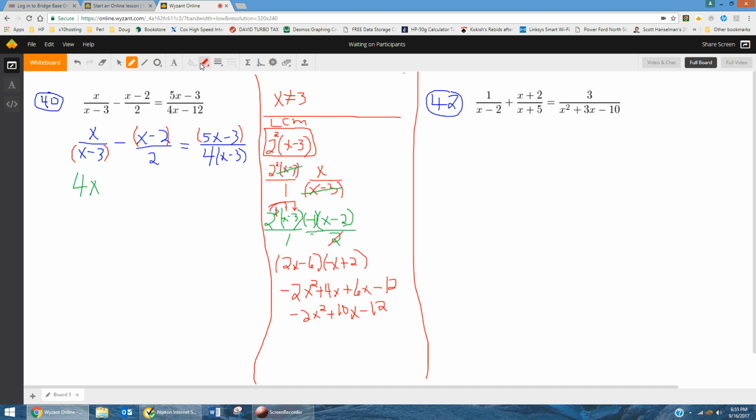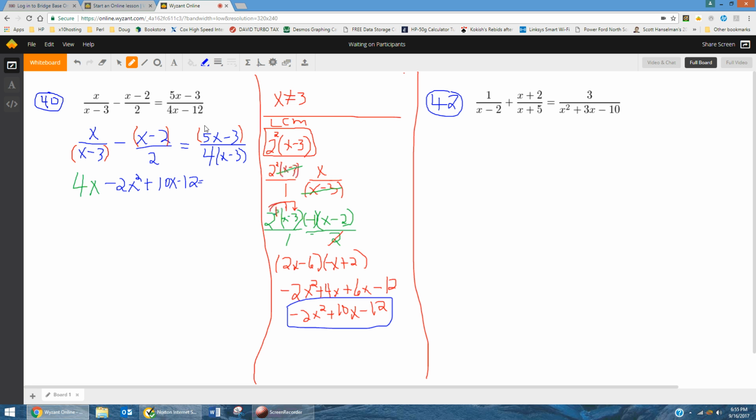And again, this is the kind of work that I encourage you to do out here in scrap paper. And then take all of this and move that to your homework paper or your test paper or whatever. That's what we're going to get when we multiply this second term by the LCM. Minus 2x squared plus 10x minus 12 equals.